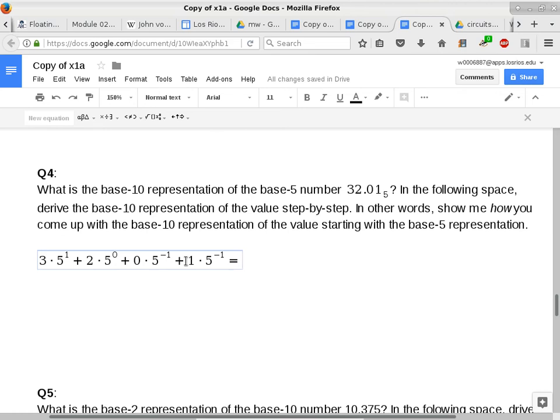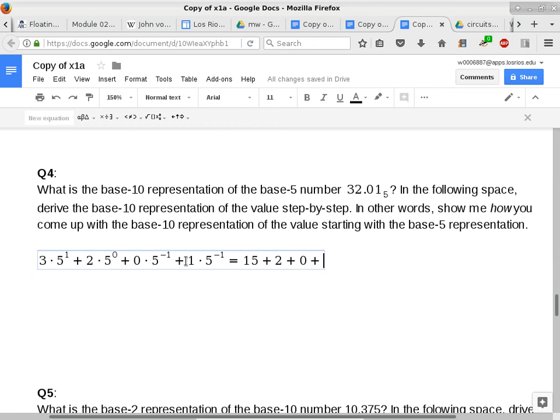So then the next one is really just to carry out the multiplication. 5 to the power of 1 is just 5. 3 times 5 is 15. 5 to the power of 0 is 1. 2 times 1 is 2. The 0 is just a 0, so it doesn't contribute anything to the sum.